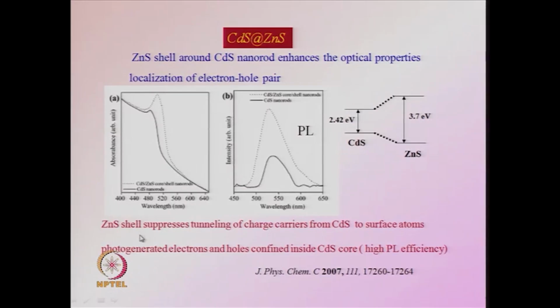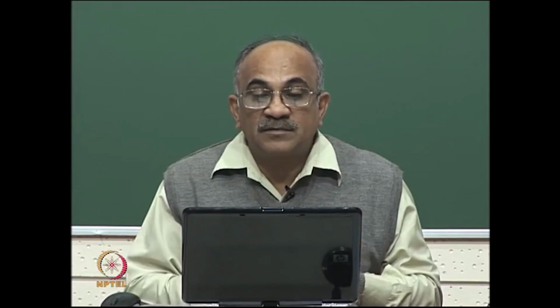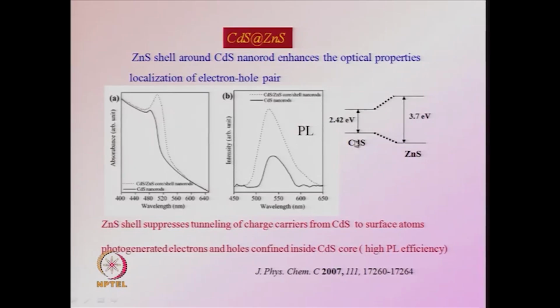The zinc sulphide at the shell does not allow the charge carriers out of the cadmium sulphide, because charge carriers are generated in the cadmium sulphide because of this particular band gap, 2.42 electron volts, and zinc sulphide is outside. Now, when the charge carriers are created, they are not allowed to go to the surface but are confined inside, and that leads to high PL efficiency because of the photo generated electrons and holes being present.